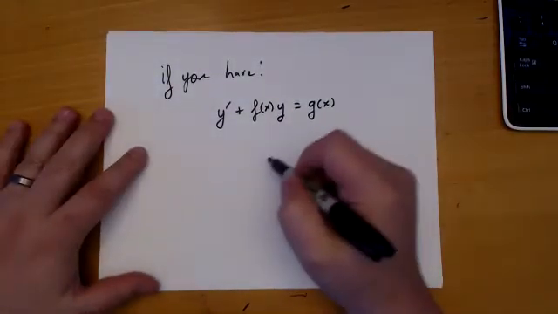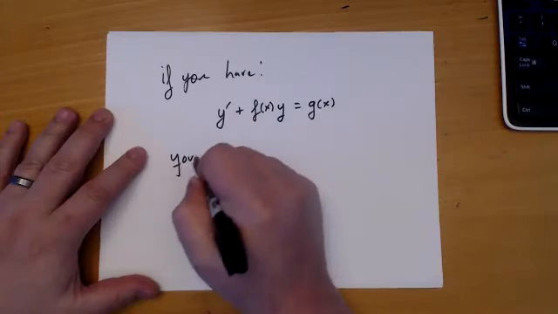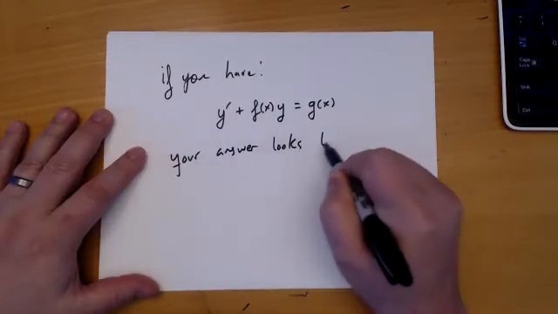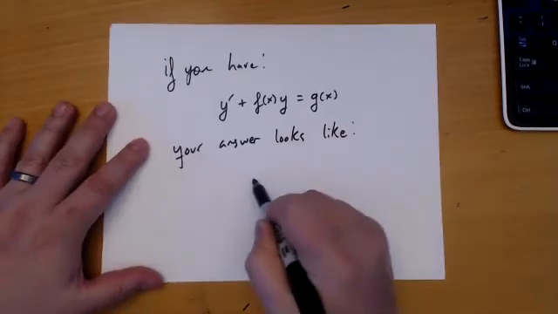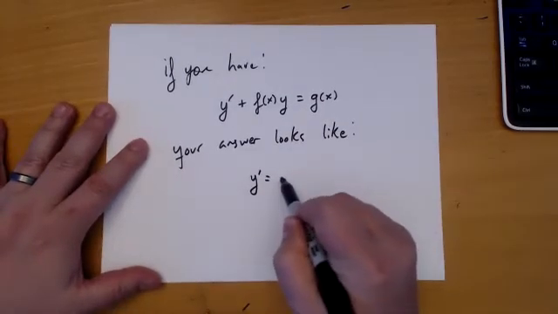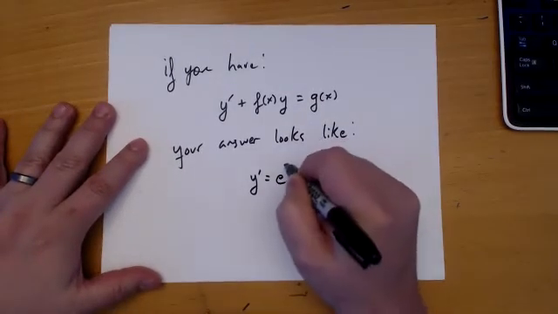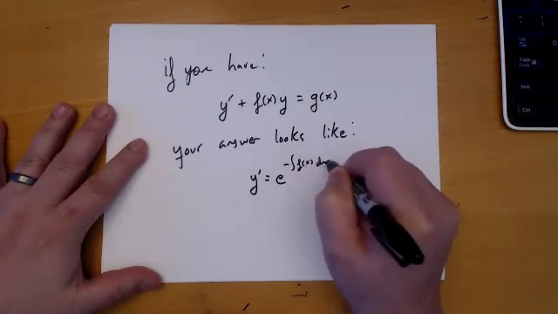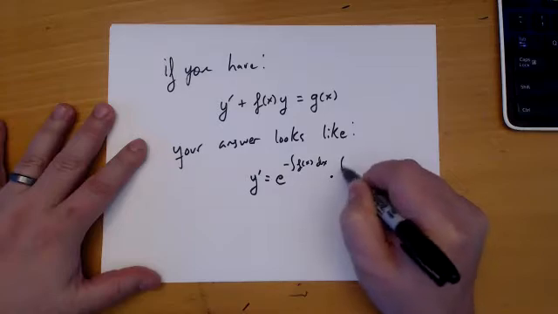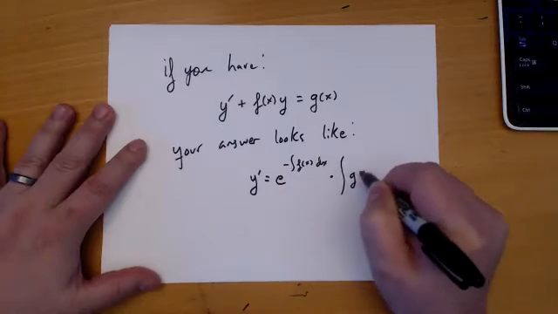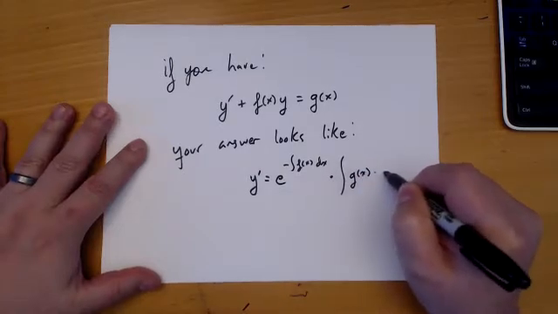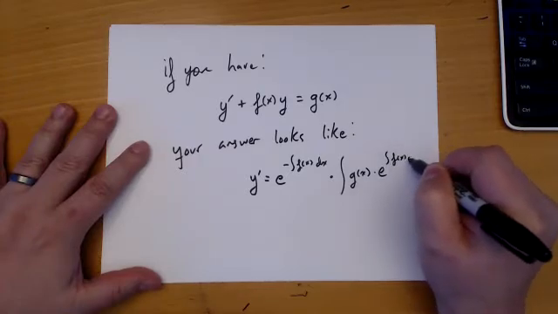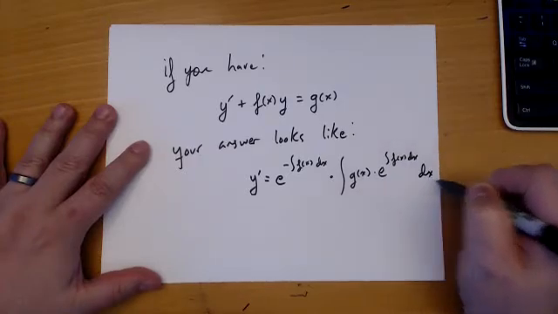Your answer looks like y equals e to the negative integral of f of x dx, times the integral of g of x times e to the integral of f of x dx, dx.